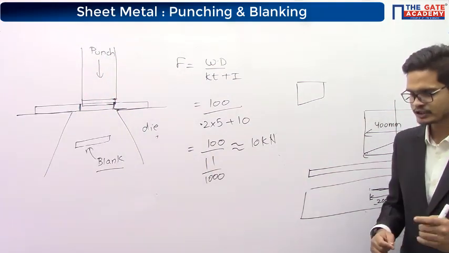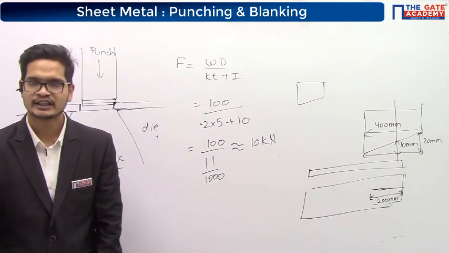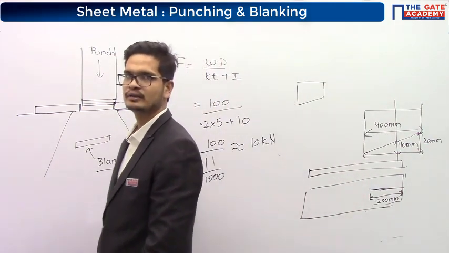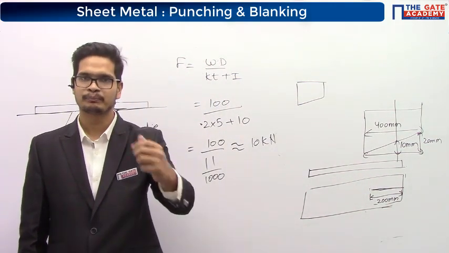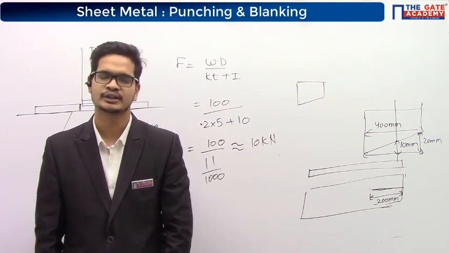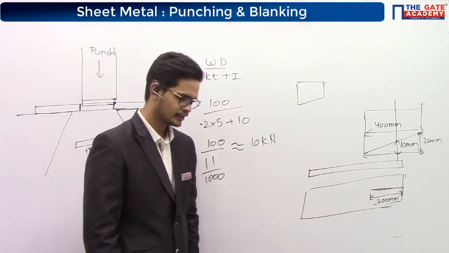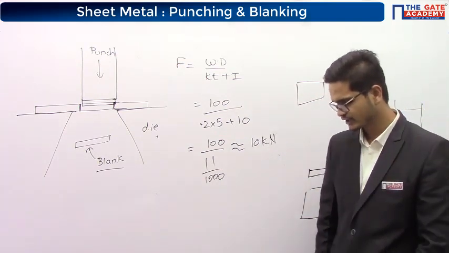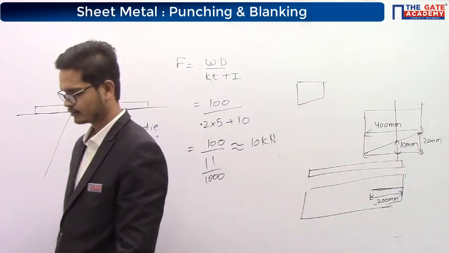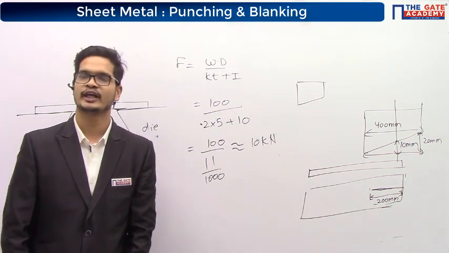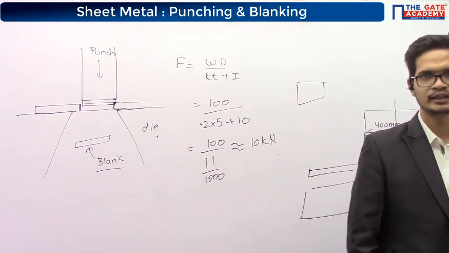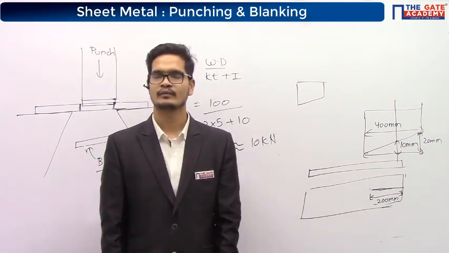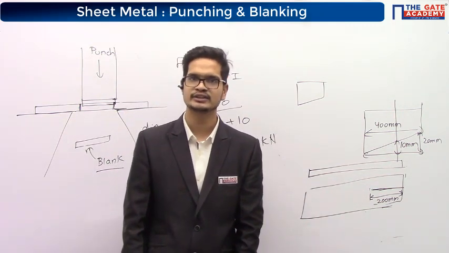Please write down. As the value of shear increases on punch or the die, they become more and more conical, and hence their strength decreases.